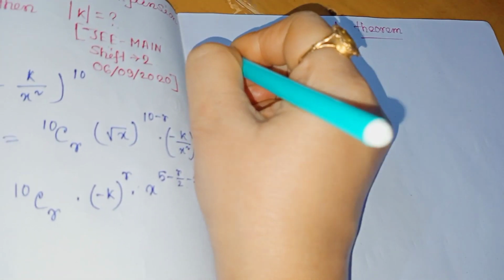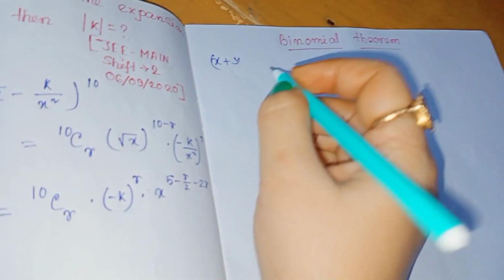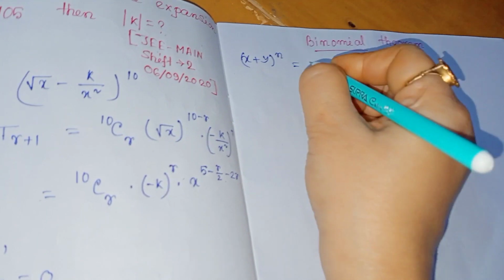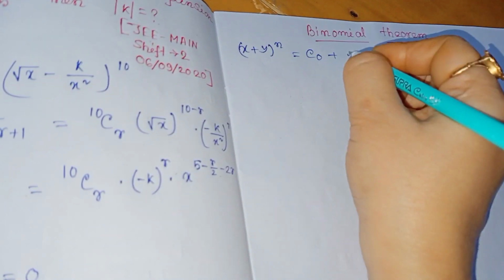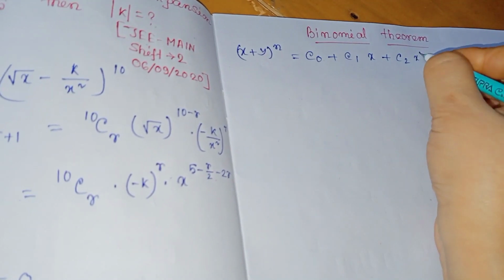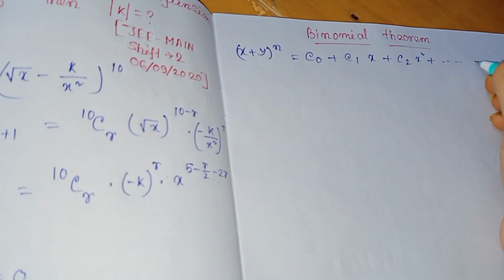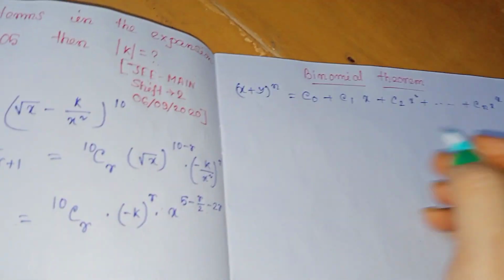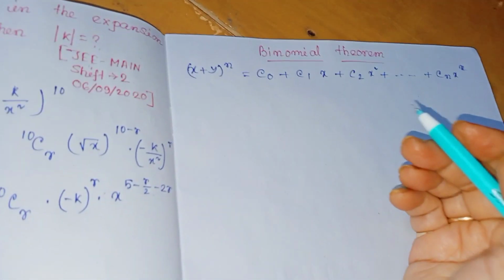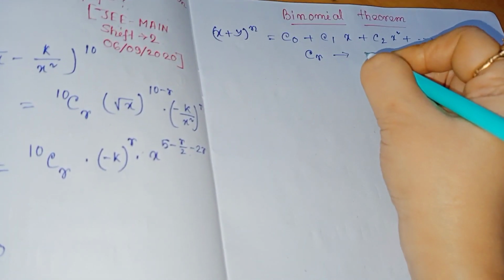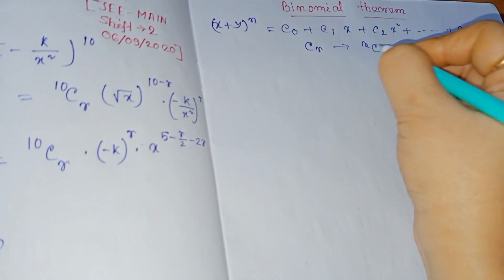We know (x plus y) whole to the power n is equal to C0 plus C1 x plus C2 x square plus dot dot dot plus Cn x to the power n, where Cr tends to nCr.